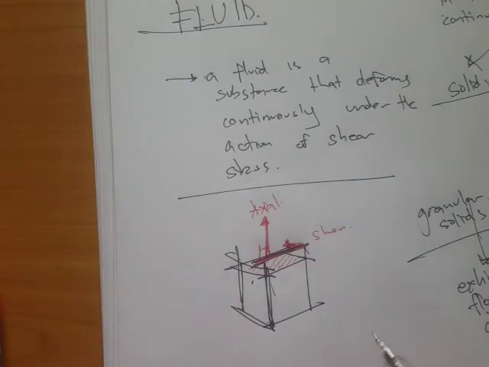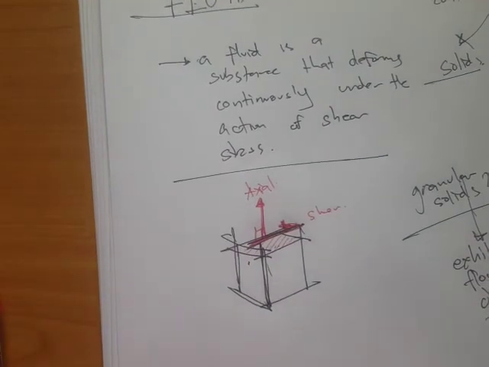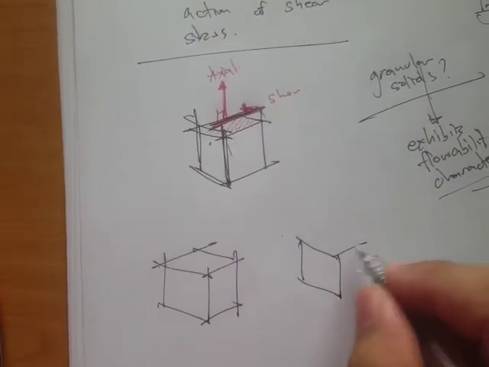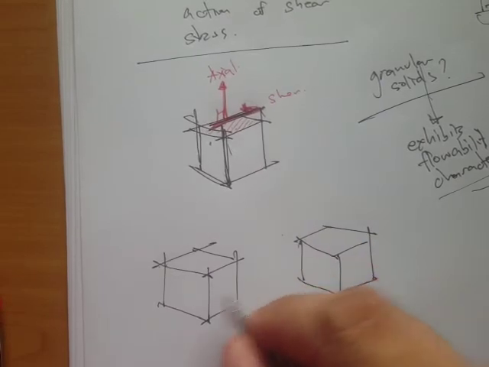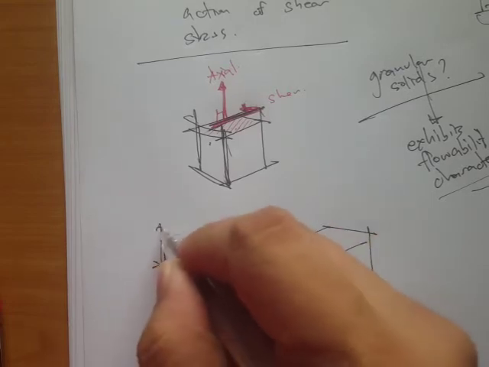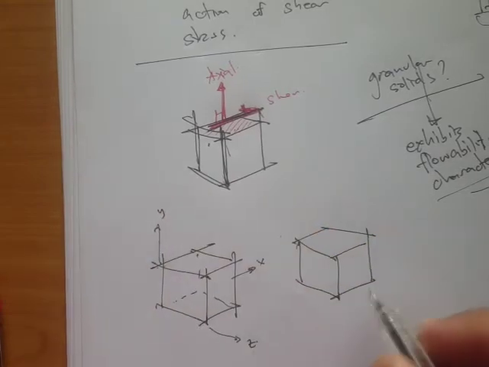Okay, so the difference between a fluid and a solid is that if we apply shear force on a solid, what we get is a finite deformation. Right, so let me draw it here in 3D. Let's say this is x, this is our y, and then this is our z.